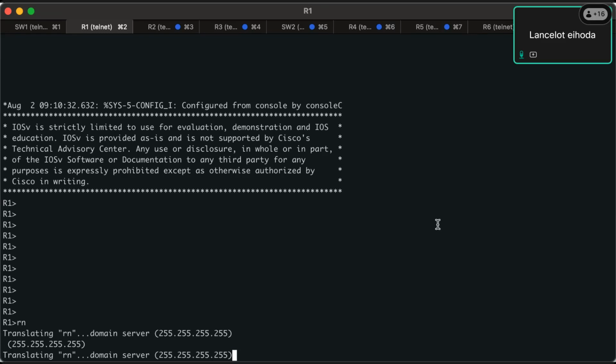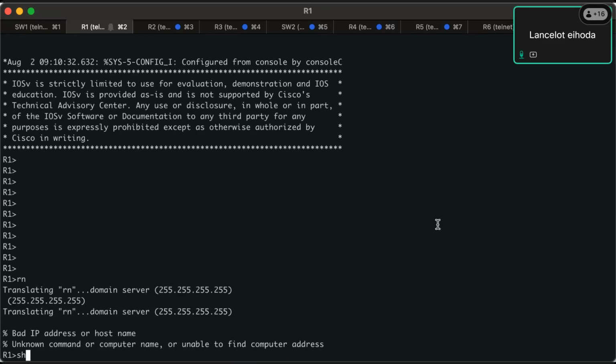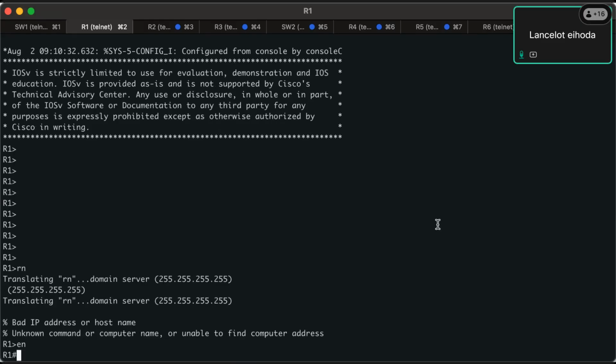So redistribution basically is like translation. BGP does not speak OSPF, and OSPF does not speak BGP, but inside of the router you can bring a protocol into another one so that you can let it go.